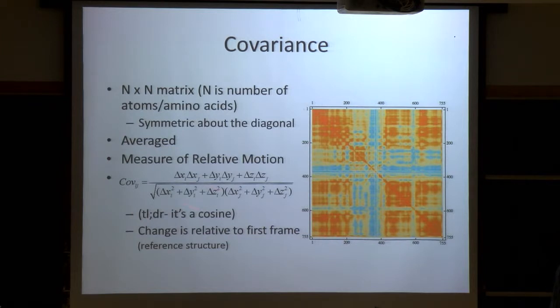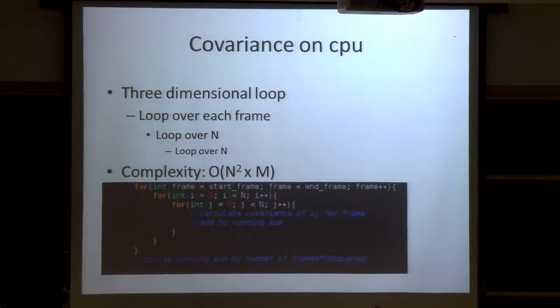And here's the big nasty equation that you have to do. It's actually just a cosine, pretty simple: their relative change vectors. The change we're measuring is relative to the reference structure in the simulation. Doing it on a CPU, it's a three-dimensional loop. Here's a little C snippet.